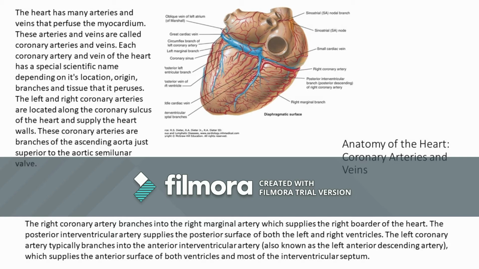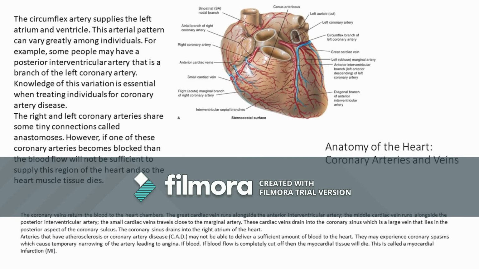The left coronary artery typically branches into the anterior interventricular artery, also known as the left anterior descending artery, which supplies the anterior surface of both ventricles and most of the interventricular septum. The circumflex artery supplies the left atrium and ventricle.